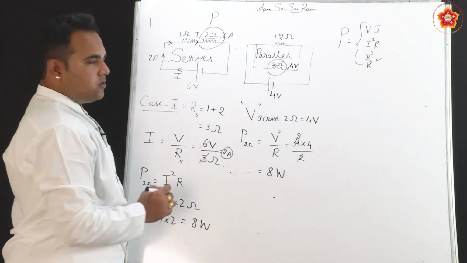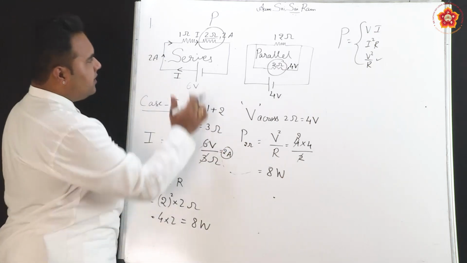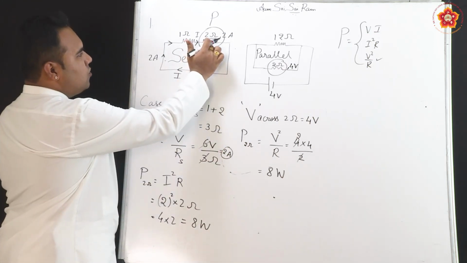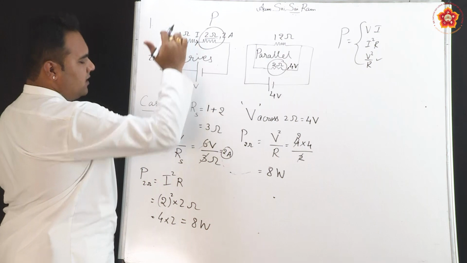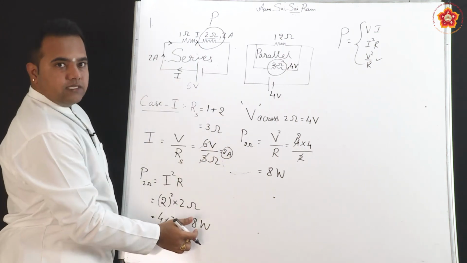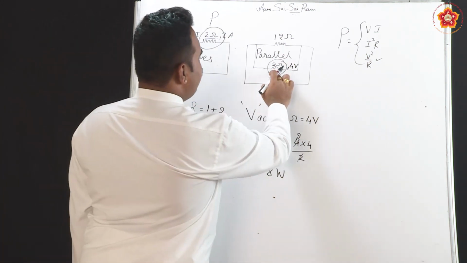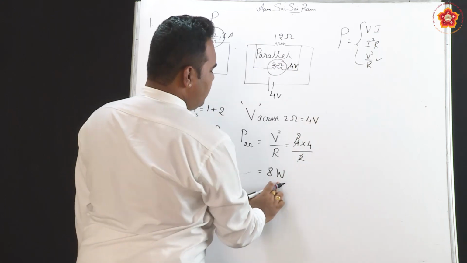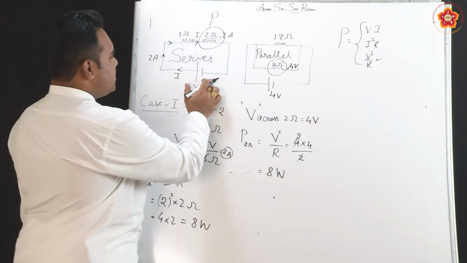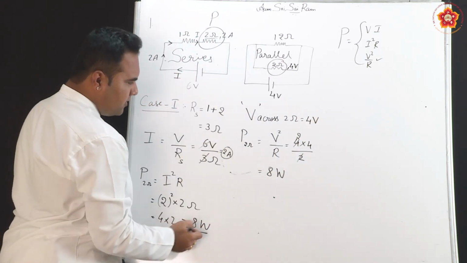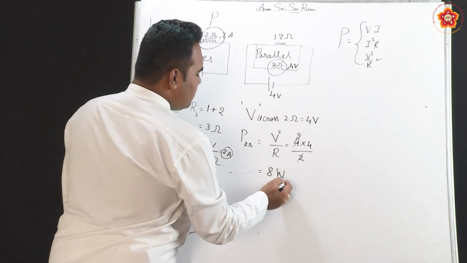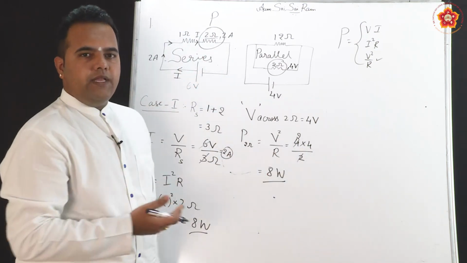So, the power I calculated in the first case across the 2 ohm resistor connected in series is 8 watts, and similarly the power used by this 2 ohm resistor in the parallel case is 8 watts. So in case 1 the power consumed is 8 watts, and in case 2 the power consumed is 8 watts. This is the result.